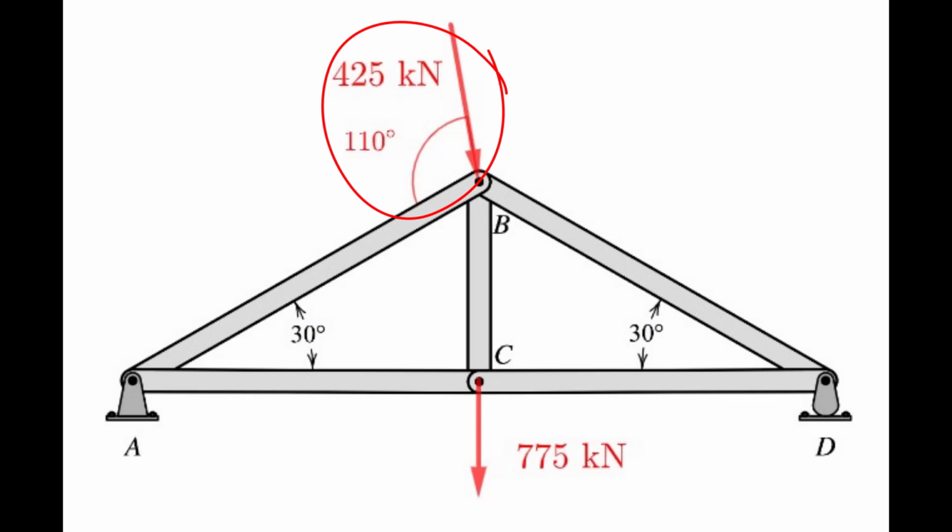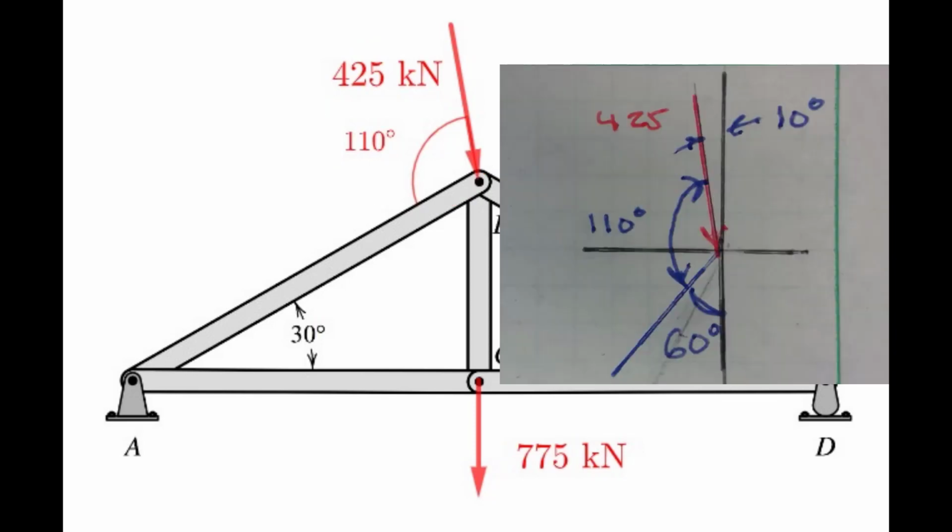Now let's look at how we solved for that. I drew a little sketch off to the side showing the interaction between that force and the member. It's at 110 degrees to member AB, but to the vertical y-axis it's 60 degrees, because it's a 30-60 triangle.